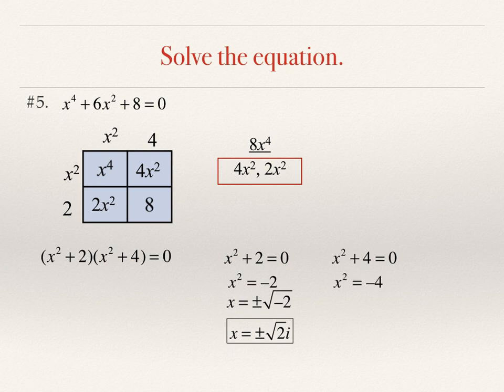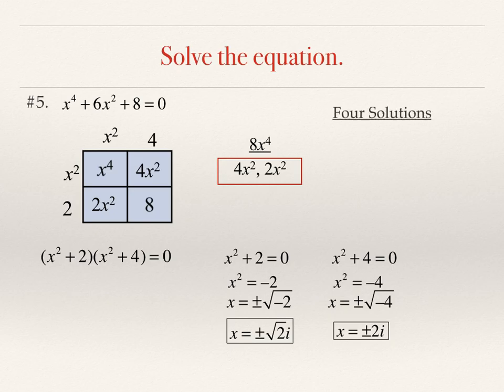Similar process for the second equation, except the square root of negative 4 can be rewritten as 2i. So for this example, which was to the fourth degree, there are 4 solutions. There are no real roots. There are 4 imaginary roots.